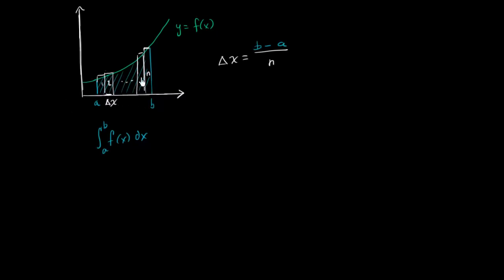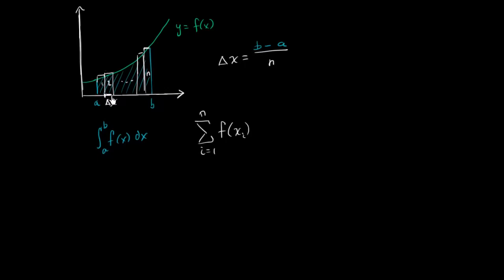And so if you do this, we've seen this multiple times, you can approximate this area using these rectangles as the sum from i equals 1 to n. So you're summing n of these rectangles' areas, where the height of each of these rectangles is going to be f of x sub i, where x sub i is the point at which you're taking the function value to find out its height.